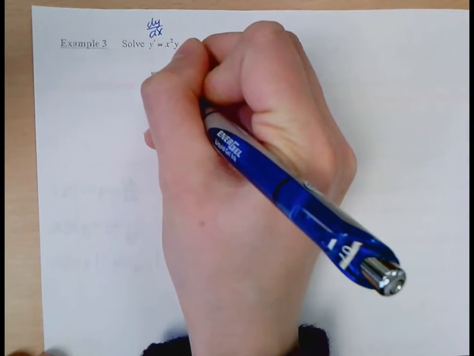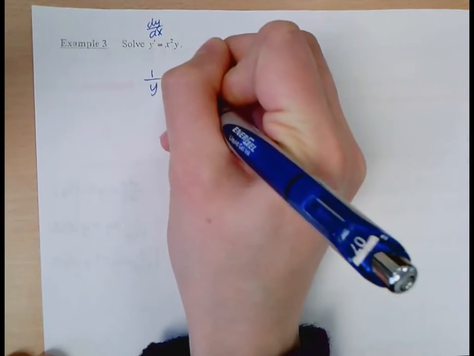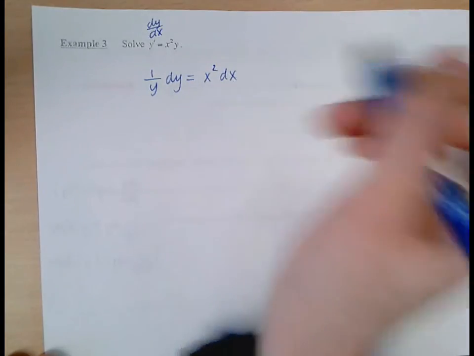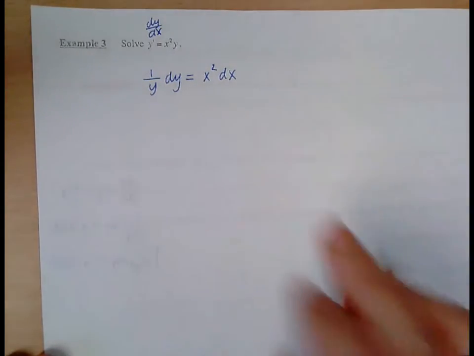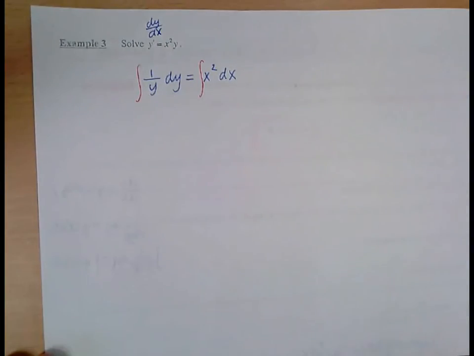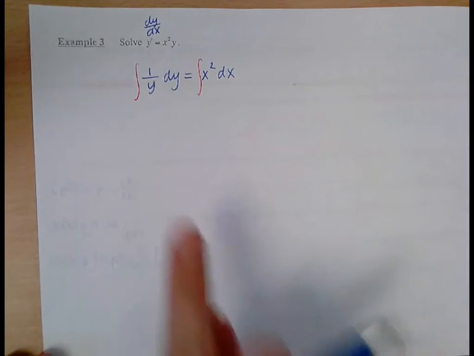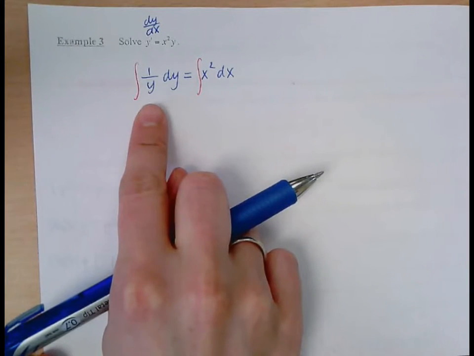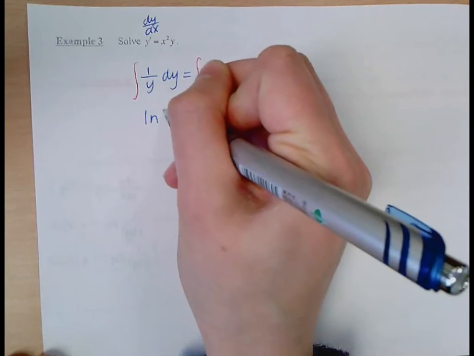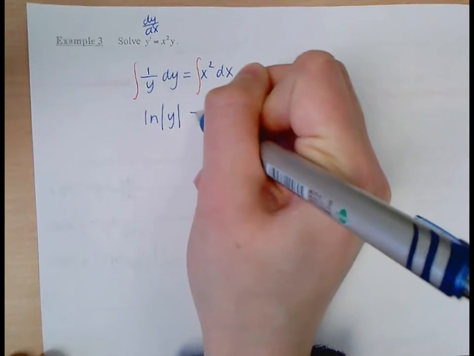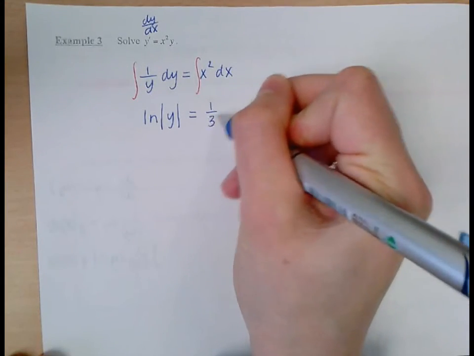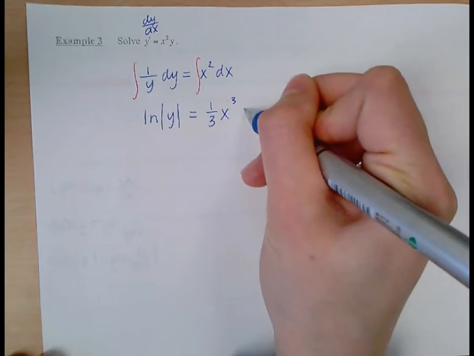So we would have 1 over y dy equals x squared dx. Once you've separated your variables, integrate each side. Yep, natural log of the absolute value of y equals 1/3 x cubed plus c.